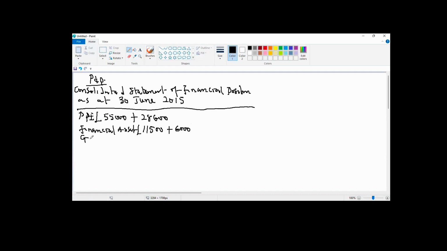Then goodwill. I will leave two line spaces. Go to the current assets. Inventory, 17,000 plus 15,400.